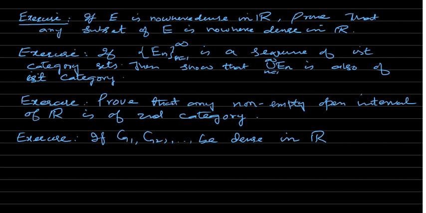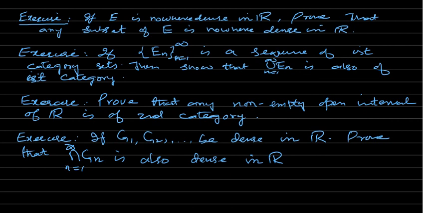Prove that the intersection of Gn, n runs from 1 to infinity, is also dense in R. So you have to apply the preceding two exercises.